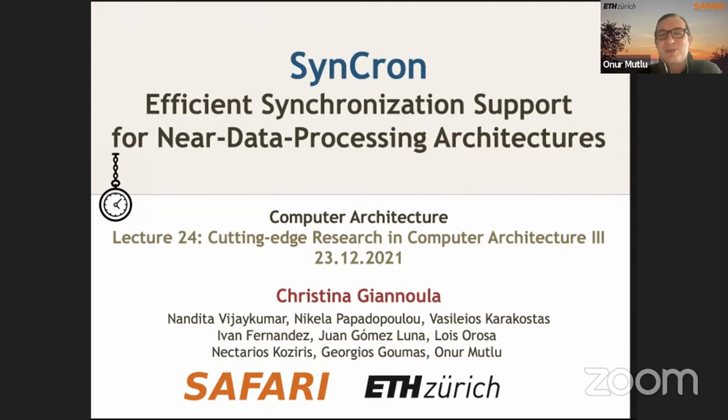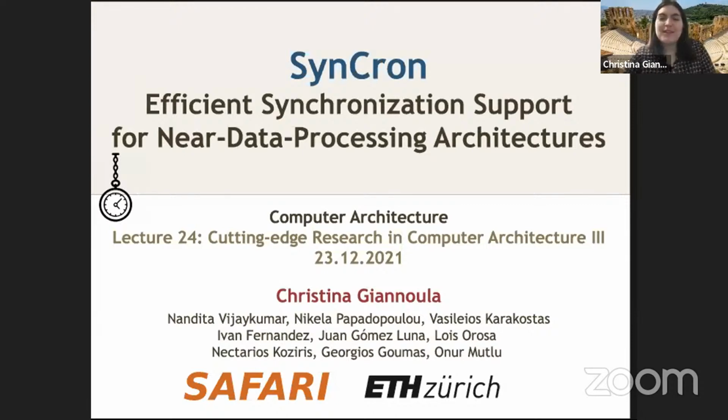She did this work partly while she was visiting us, and this work appeared at HPCA this year. She is about to graduate with a PhD from National Technical University of Athens in Greece, and she continues to work on processing in memory. Actually, she has another work coming up on doing sparse matrix vector multiplication on near data processing architectures like UPMEM. But maybe she can talk about that next year. Christina, please go ahead. Okay, sure. Thank you for the introduction.